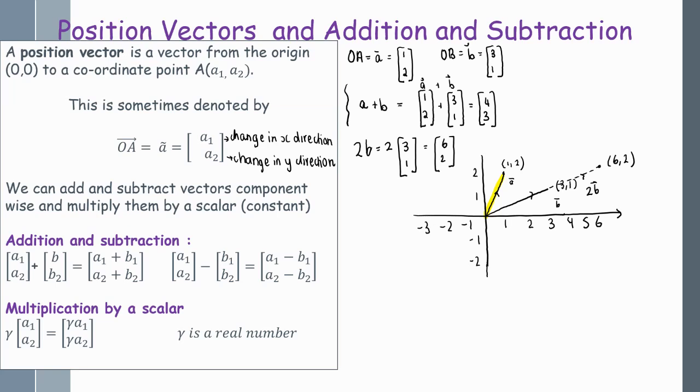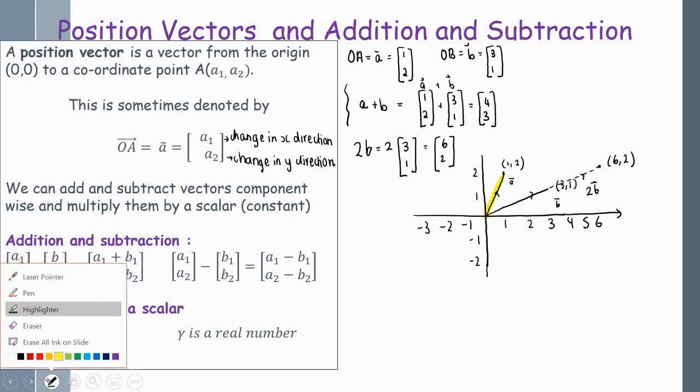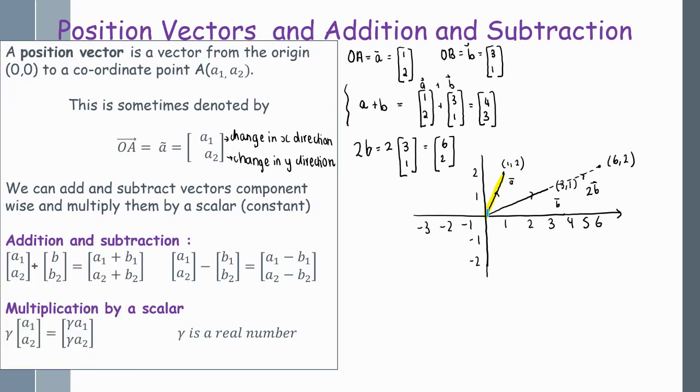Similar to the vector OB or little b with a hat, if that is equal to 3, 1, I'm going to start at the origin, move 3 units horizontally, again in the positive x direction, and 1 unit vertically. So I'm going to again end up at the point 3, 1.